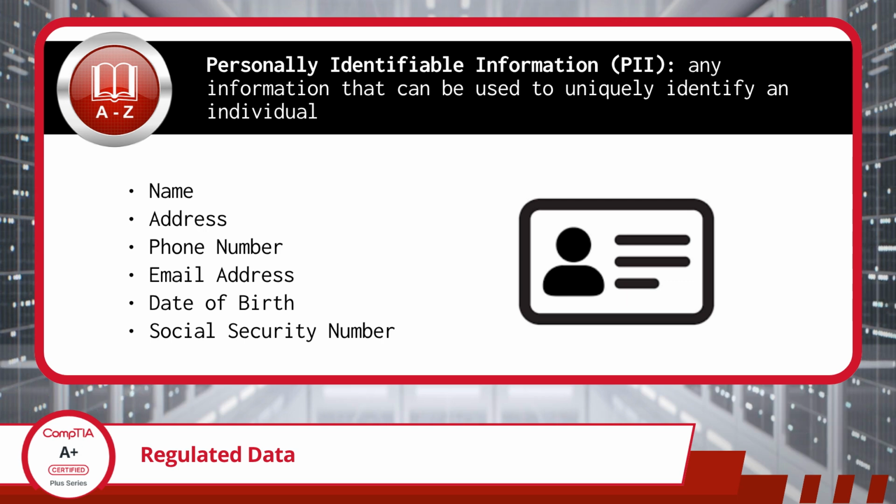PII is often subject to legal protections and requires careful handling to prevent unauthorized access or disclosure. The mishandling of PII can lead to identity theft, fraud, and regulatory penalties. For instance, an online retailer must encrypt a customer's personally identifiable information when stored in its database and during transmission to protect against breaches. IT teams must also ensure only essential personnel have access to this type of data.